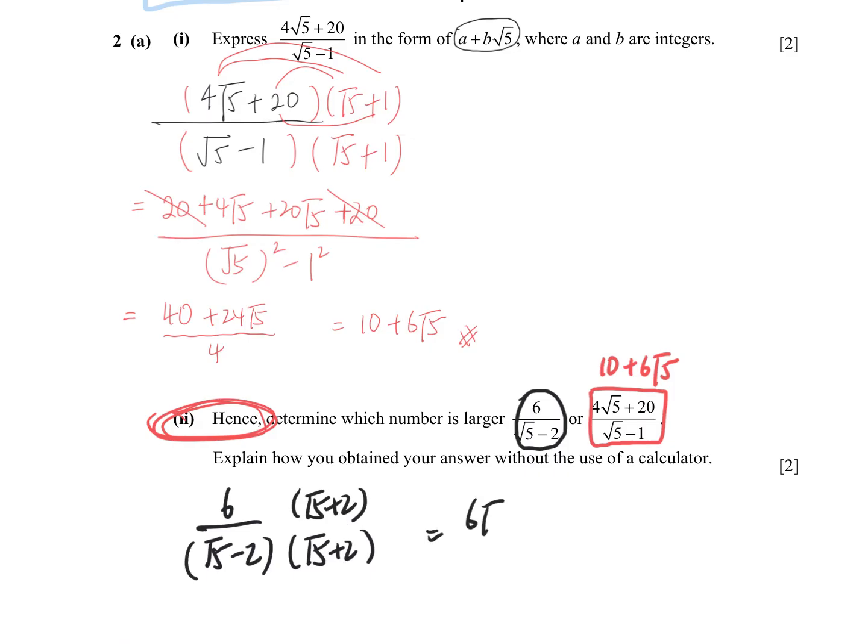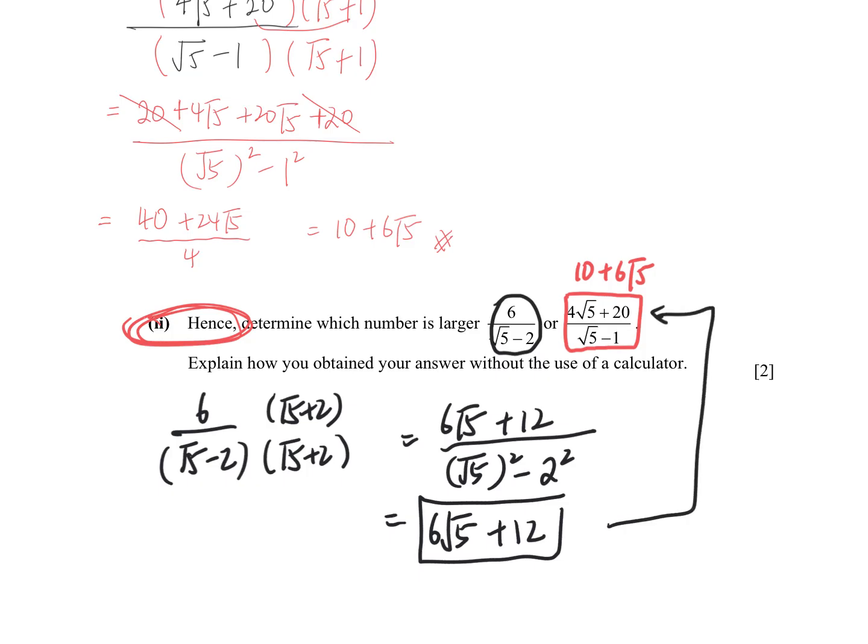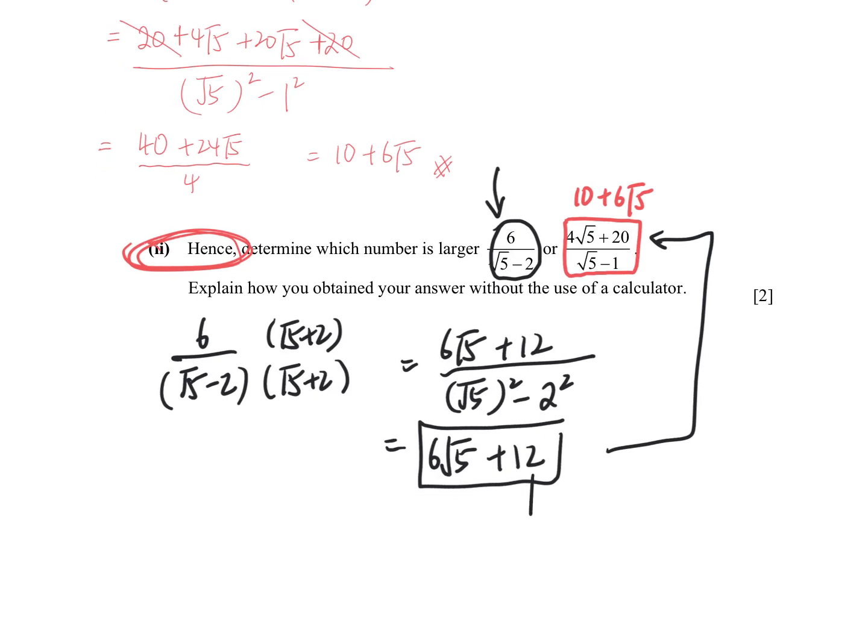So you get 6 root 5 plus 12. Then at the bottom, fortunately or unfortunately, is 1. So you end up having this thing plus 12. If you compare this with this one, then you know that clearly the first one here is bigger.